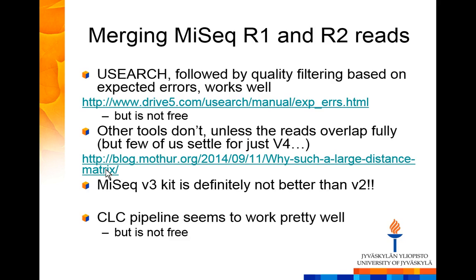If you check the USearch manual or read publications and discussions, you will find that USearch seems to work best for merging R1 and R2, especially if you then do quality filtering based on expected errors, using max EE.